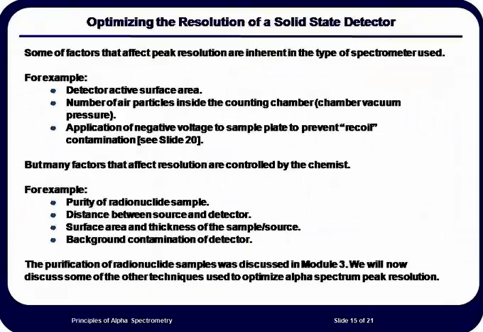The chemist, however, will control the purity of the final sample test source, the surface area of the precipitate and its thickness, and the distance between the sample and the detector. The chemist will also determine the degree of contamination allowed into the sample chamber. We will discuss some of these methods for optimizing the alpha spectrum resolution.